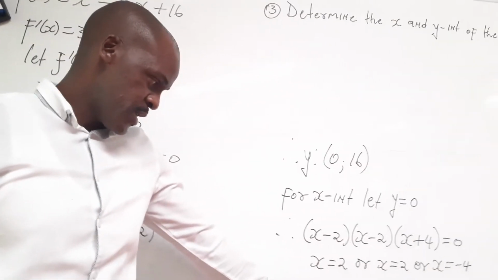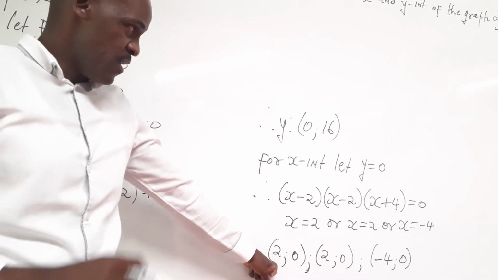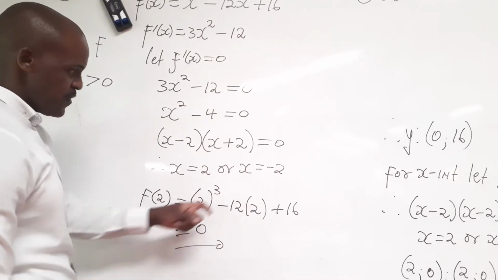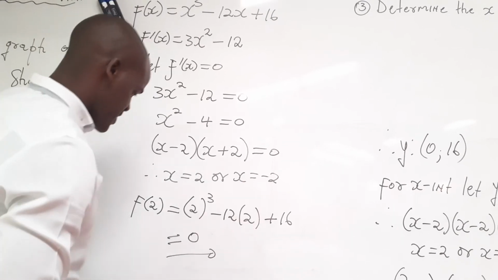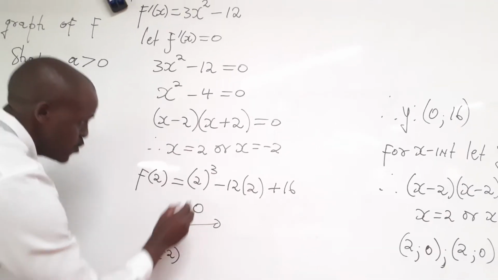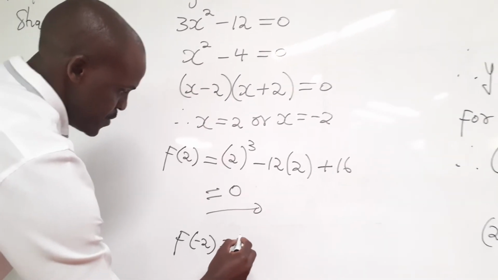The answer is 0. You will remember the shapes that I've drawn at first here. Right? Let's find f at negative 2. You have to use the two values of x. F at negative 2.